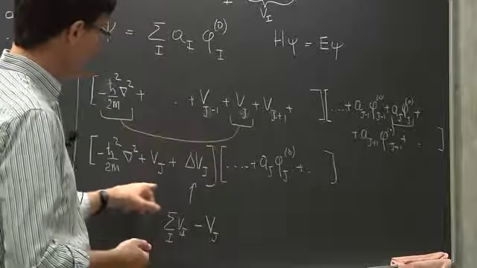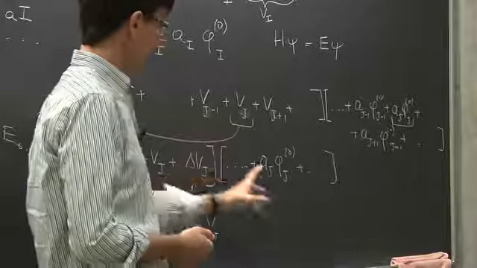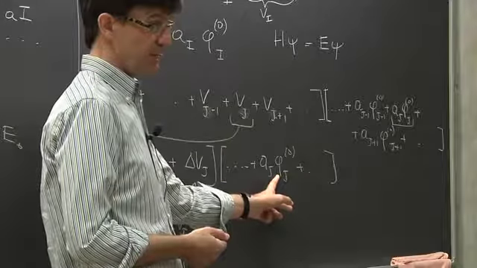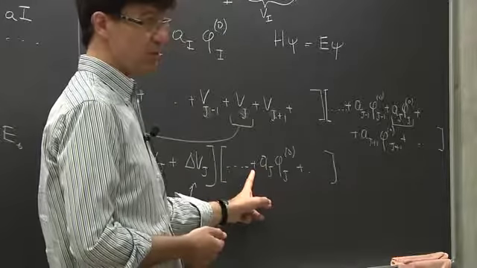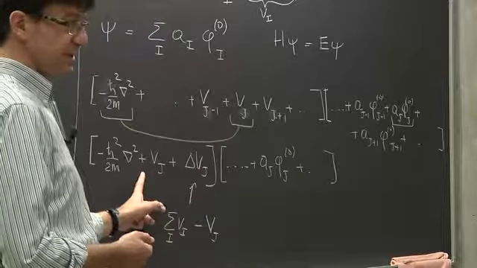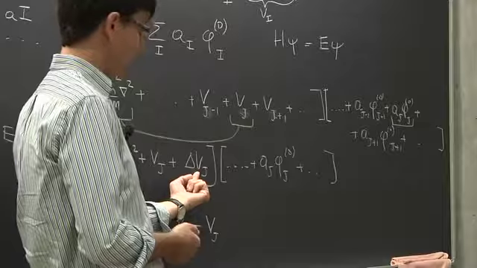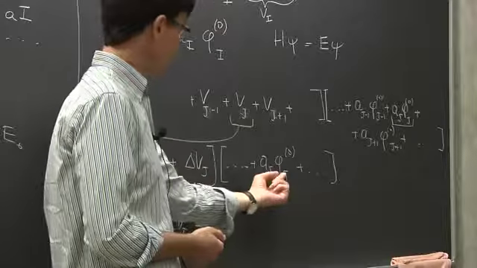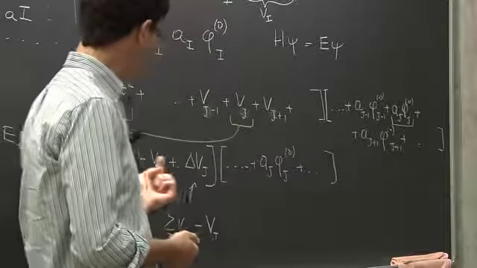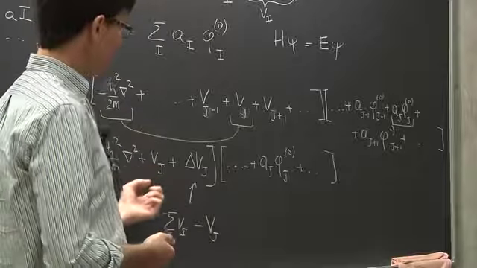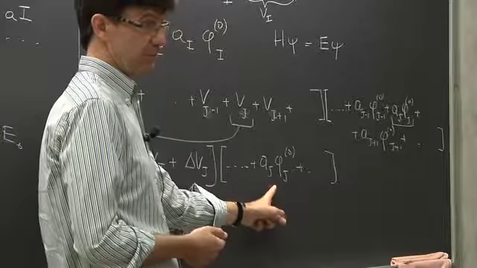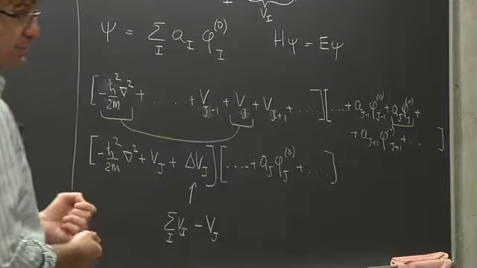I decompose my Hamiltonian in this way only when I apply to this j term. If I applied it to j minus 1, I would decompose this in a different way. I would extract out j minus 1 and write, of course, delta Vj minus 1. So I'm highlighting this term because I'm only using this decomposition when I apply to this particular term. If I apply to another term, I will have another decomposition.